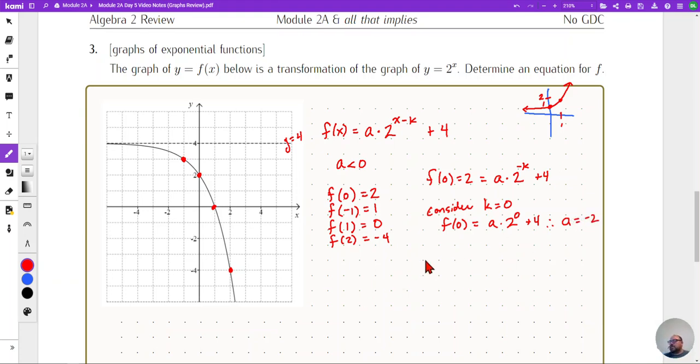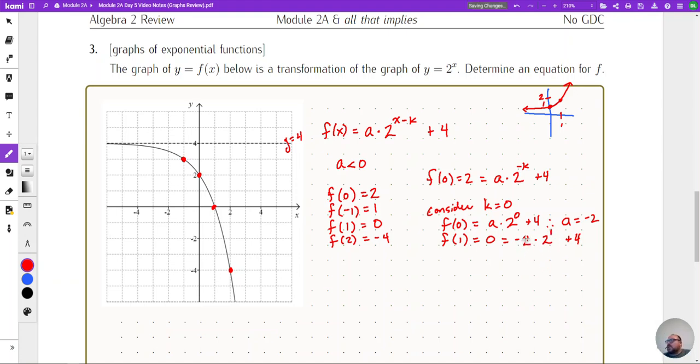Okay, let's see if that continues to help us. All right, so let's consider f of 1, and f of 1 is equal to 0. Let's assume that a is -2, so that's going to give us -2 times 2 to the x plus 4, but x is going to be 1, so that would be -2 times 2 to the first power.